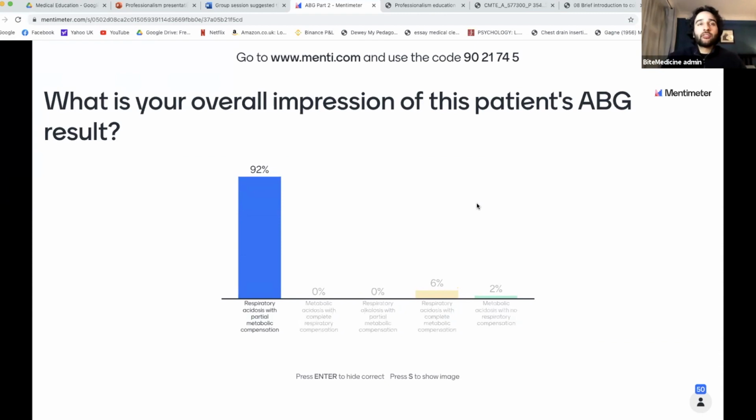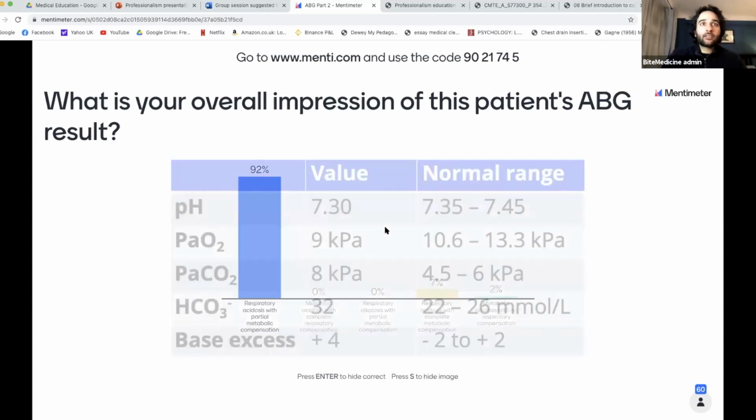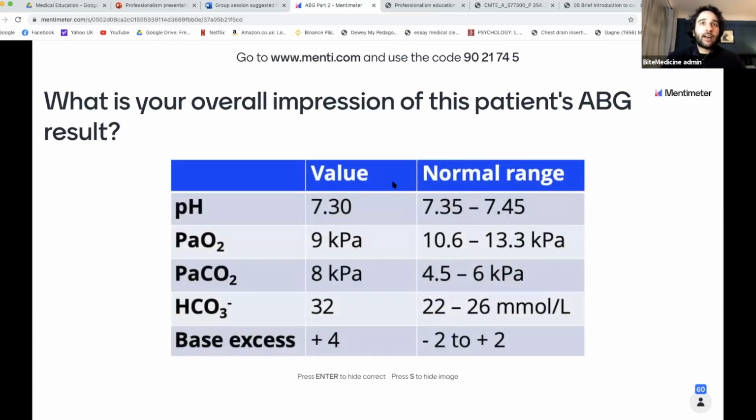Spot on. 92% of you have got it absolutely right. Well done. Respiratory acidosis with partial metabolic compensation. Now, the next most common answer was respiratory acidosis with complete metabolic compensation. Well, the way that we know it's not complete is the fact that the pH is still acidotic.